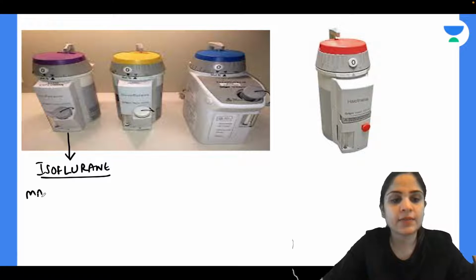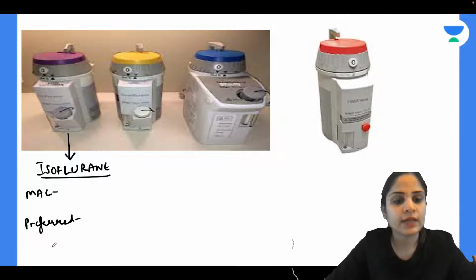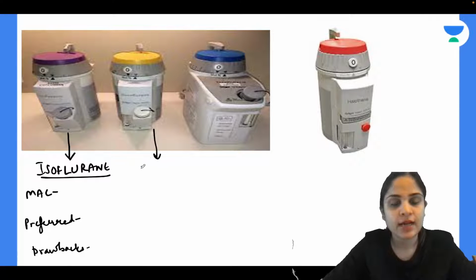Alright, so can anyone give me the MAC of isoflurane? And then tell me isoflurane is preferred in which condition? And what are the drawbacks of isoflurane? Yellow is sevoflurane, absolutely correct. And blue is what? And red is what?